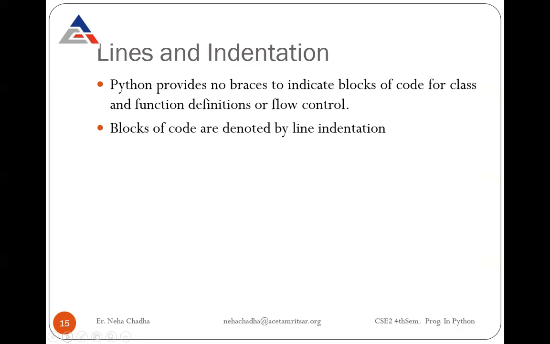Okay. This is mandatory to give indentation in the case of Python. There is no condition to give any braces in Python. Block of codes are denoted by line indentation, which means instead of using braces, you are using indentation. Okay, wheresoever you are putting your braces, at that point you have to give indentation. You have to give the space.